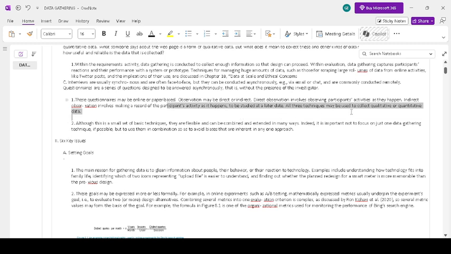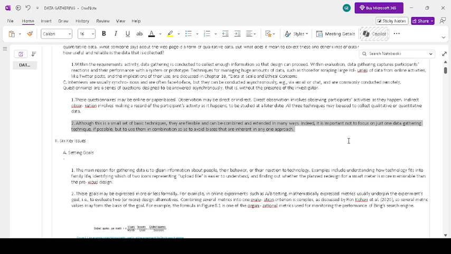All three techniques may be used to collect qualitative or quantitative data. So for interviews, questionnaires, and observation, the data that we get could be distinguished as qualitative or quantitative data. Although this is a small set of basic techniques, they are flexible and can be combined and extended in many ways.